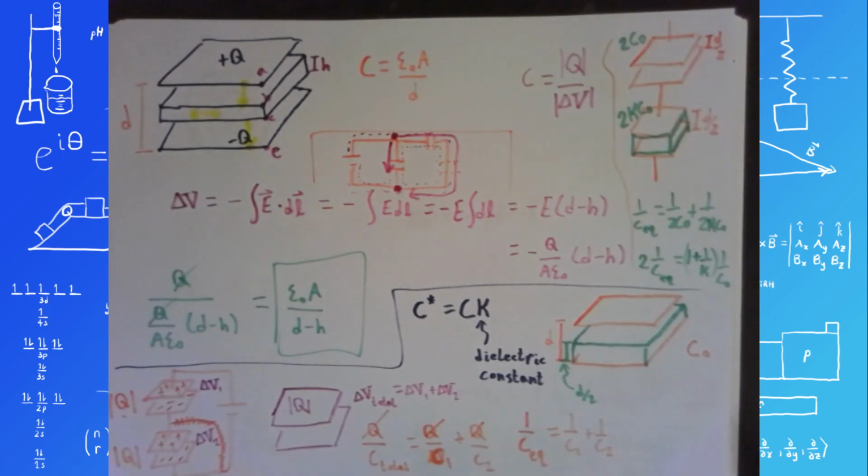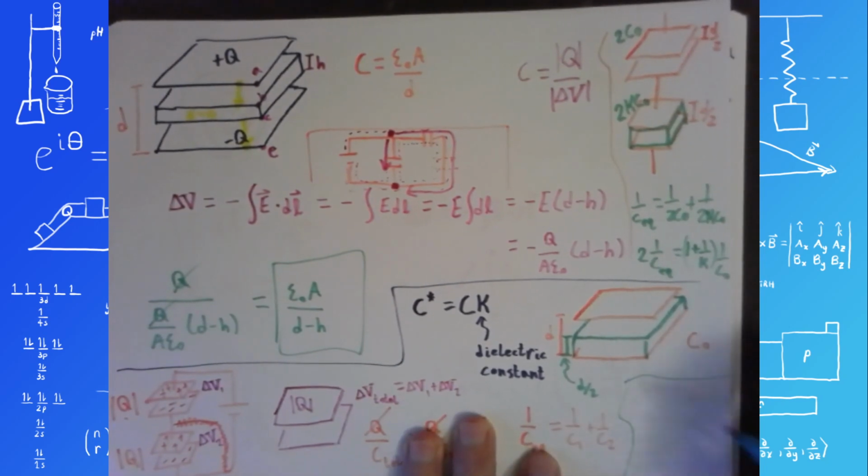And 1 plus 1 over kappa can be rewritten as, well, the 1 can be rewritten as kappa over kappa. So this becomes kappa plus 1 all over kappa. And where do I want to go from there? Let's see. 2 times 1 over C equivalent equals kappa plus 1 all over kappa times 1 over C0.